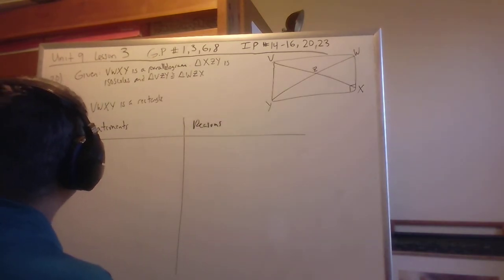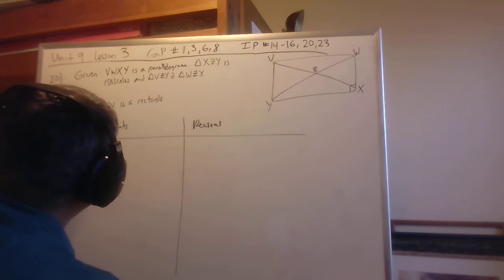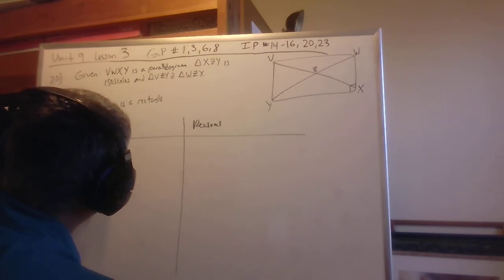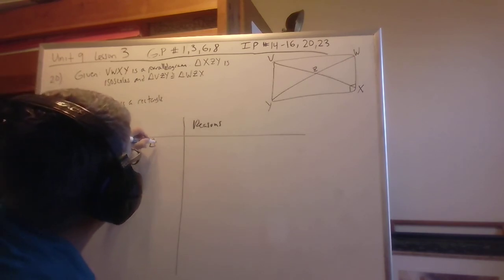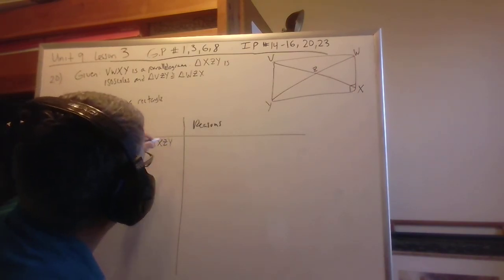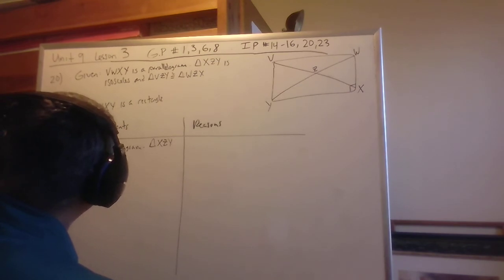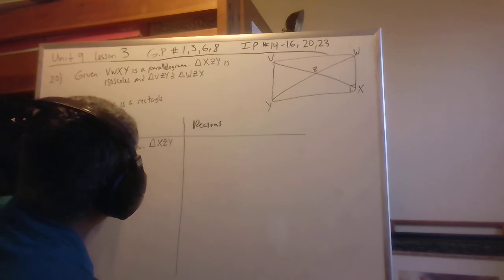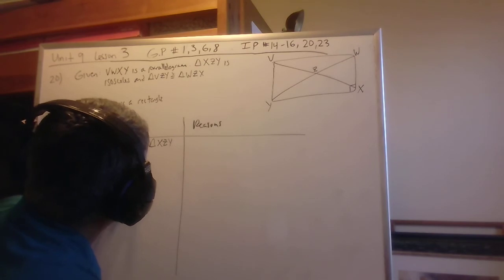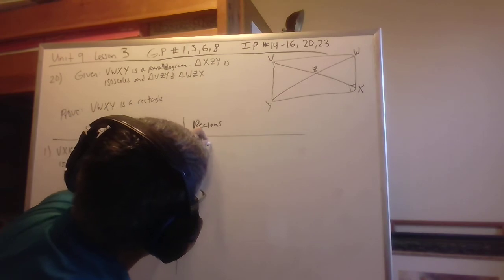We're going to say VWXY is a parallelogram, triangle XZY is isosceles, and triangle VZY is congruent to triangle WZX, and it's given.